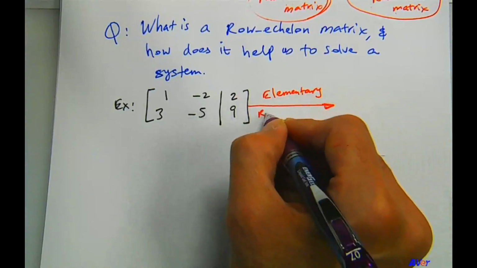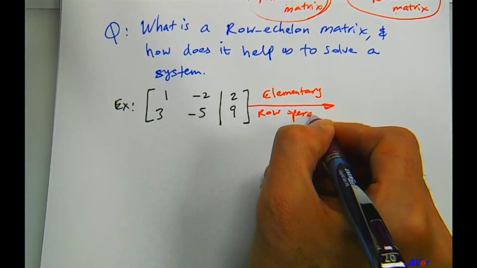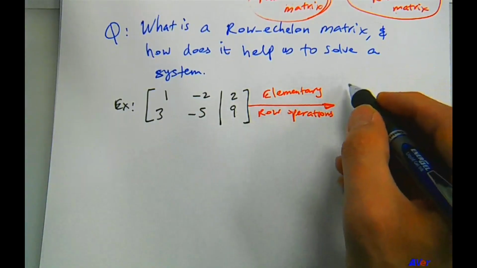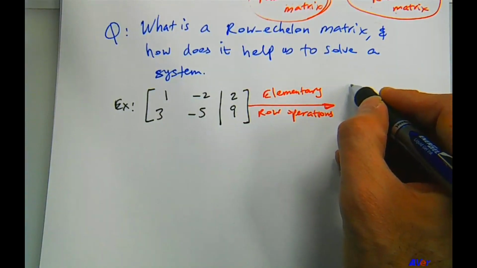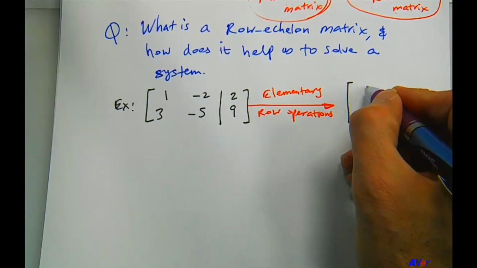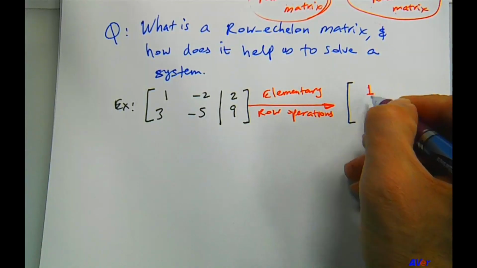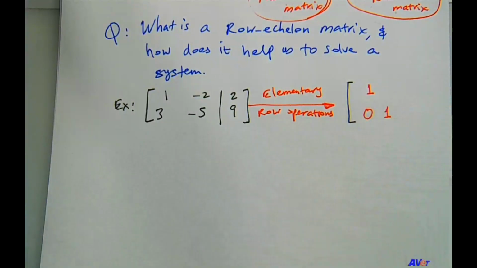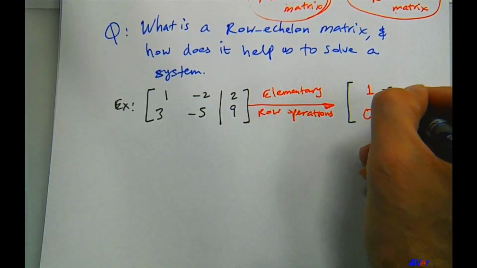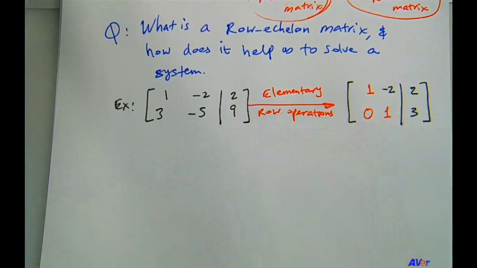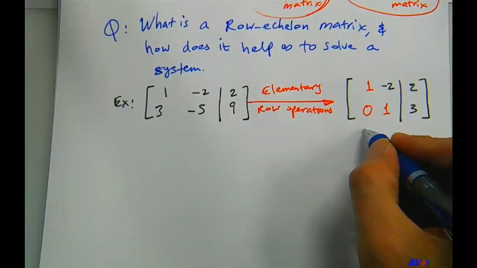We apply the elementary row operations, and we get to this point. We get this matrix. The important characteristics of this matrix, I'm going to highlight with a red pen. So this is a row echelon matrix.